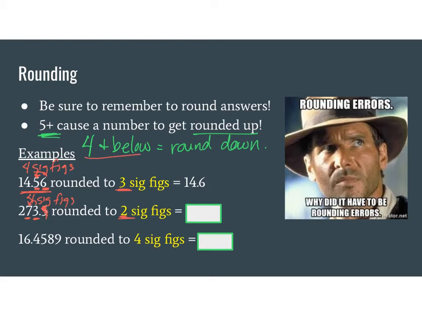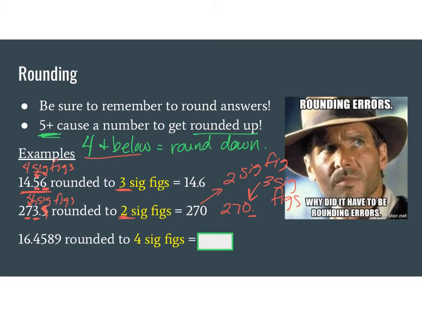Well, the number is 4 and below, so we round back down. So we end up with a value of 270. Notice that there is no decimal place here. If we put a decimal place there, that would be wrong, because this has 3 sig figs because of that decimal. This one only has 2 sig figs because of the lack of decimal.